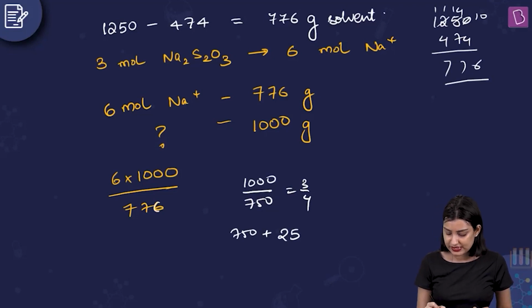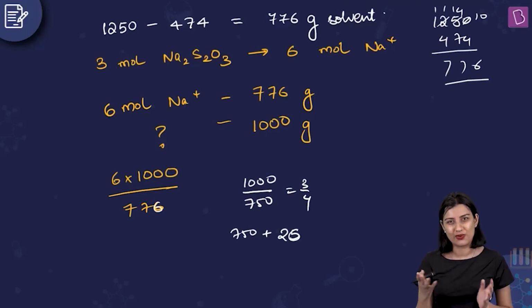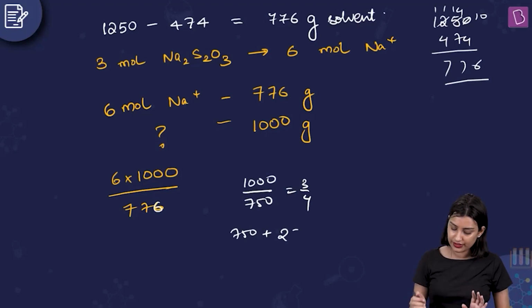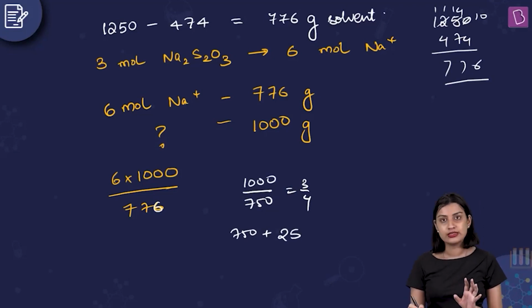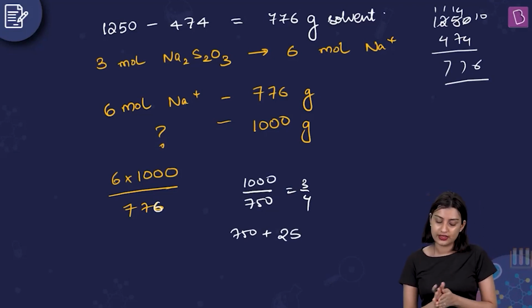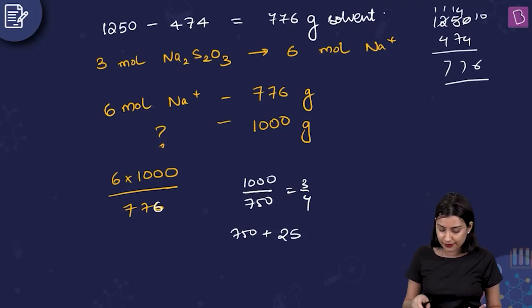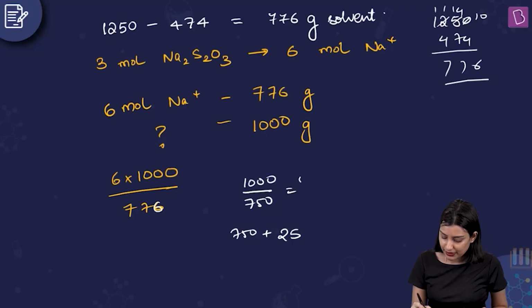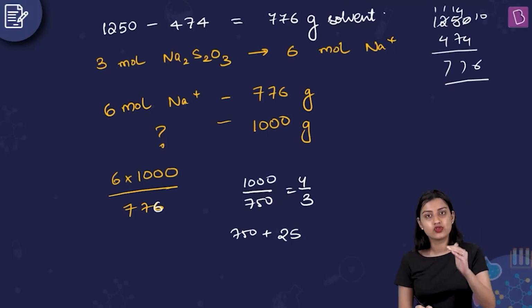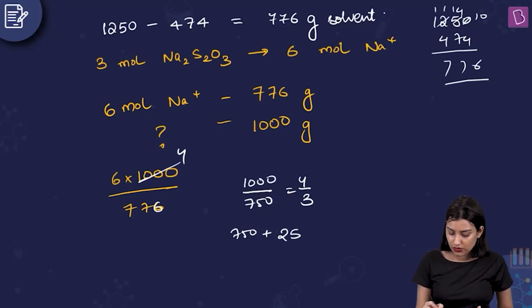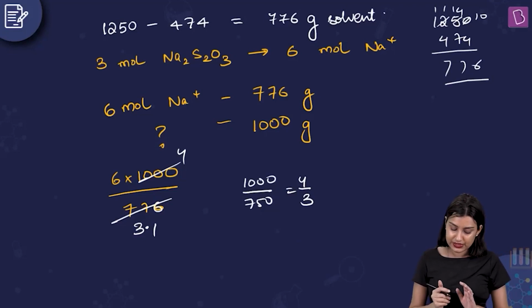You have 776, so I can write it as approximately 750 plus 25. Now you can write it as 4 divided by 3.1 roughly. Sorry, this will be 4 by 3, my bad. So now you can write it as 4 by 3.1. So this will go 4 times, this will go 3.1 times, which means what?